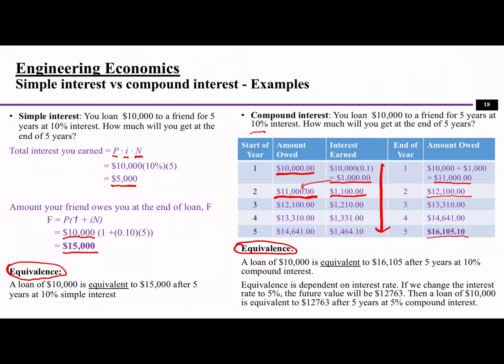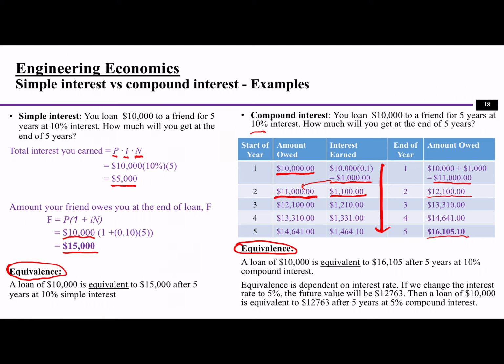one term we're going to talk about is equivalence. So equivalence means, what is equivalent? What is the current or present value compared to the future value? So, for example, a loan of $10,000 is equivalent to $15,000 after 5 years at 10% simple interest.